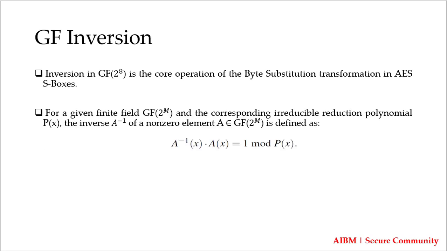For a given finite field GF(2^m) and the corresponding irreducible reduction polynomial p(x), the inversion is defined as a inverse: a(x) dot a^-1(x) equals 1 mod p(x), where p(x) is the AES polynomial.